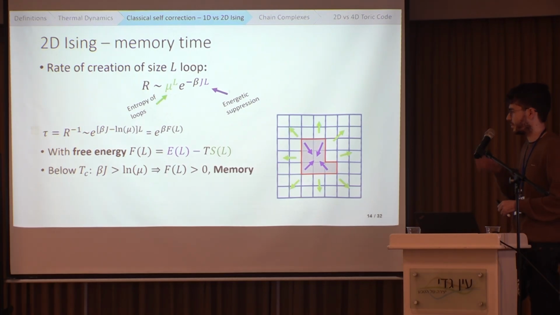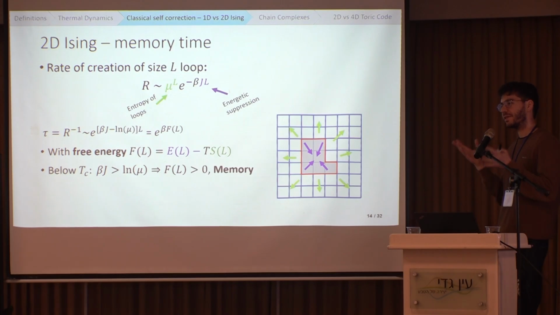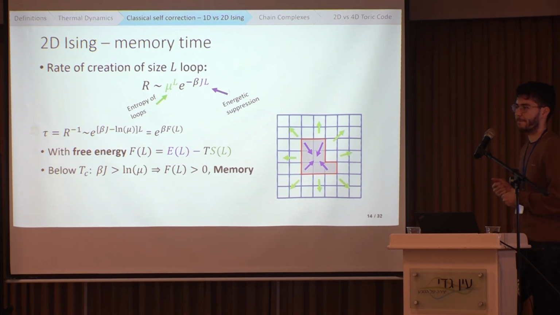Okay, so you're talking about the free energy not of a particular loop, but of a macro state, all the states with a loop of size L. Yes, all the states with a loop of size L. Okay, so you're defining this property like the free energy of the set of loops of that size, which is the energy defined by that size minus T times the log of their number. Yes. Okay. And you're saying that this is the main value that determines whether there will be memory or not.